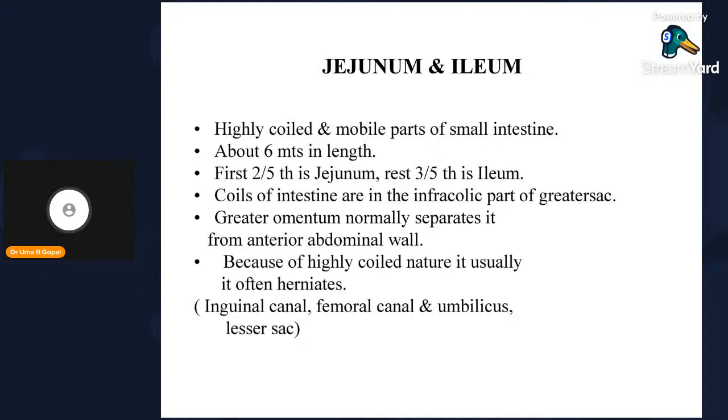The jejunum will always be reddish or pinkish in color, meaning highly vascular because of its digestive function. There is an abundance of vascular supply. The ileum will be light pale in color because vasculature reduces. Almost all the food is converted, and the fecal matter has entered into the ileum, so the vascularity reduces there.